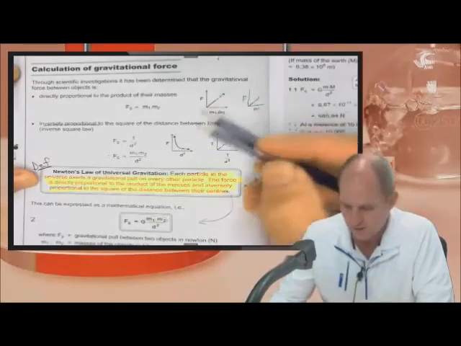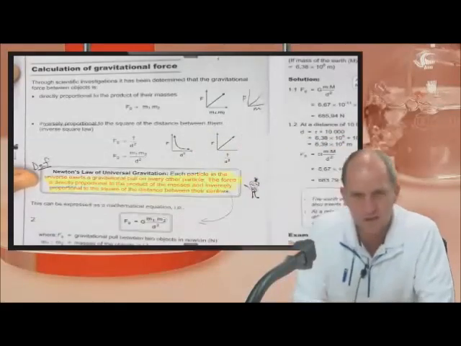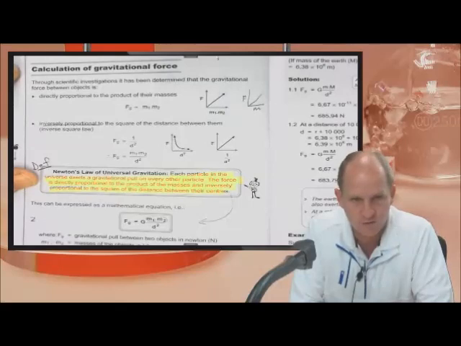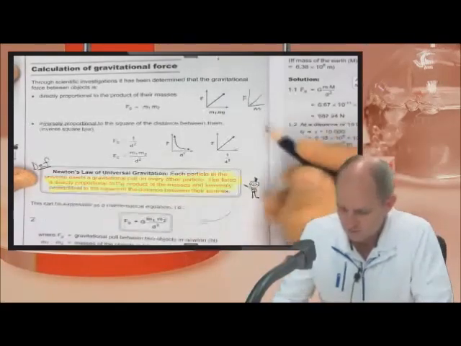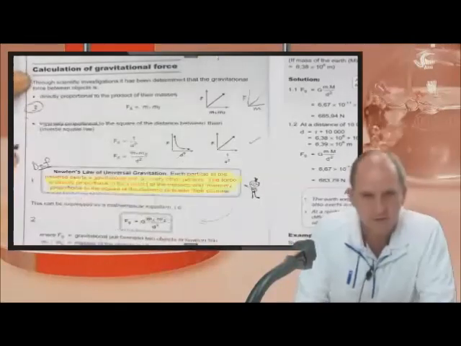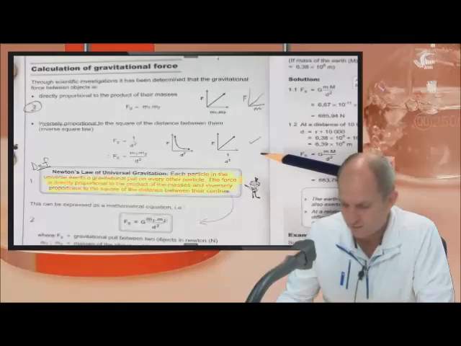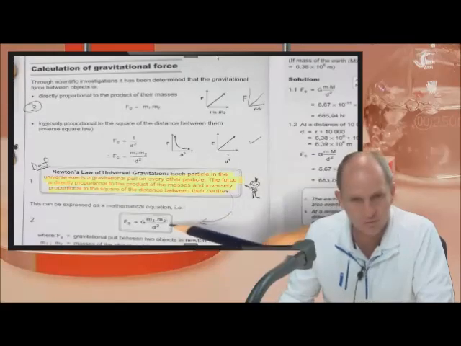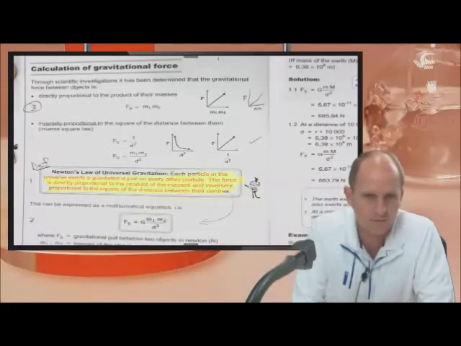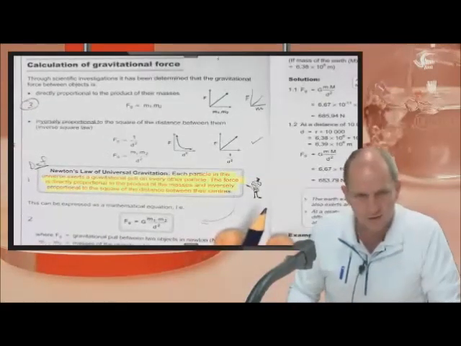And if we take the inverse of the distance, then it will be directly proportional to the inverse of the square. So make sure that you know this third kind of question, which deals with graphs. From those graphs, you can even derive some of the information you might need to substitute in your formula and find the answer. So that's three of the kinds of questions that you can expect.